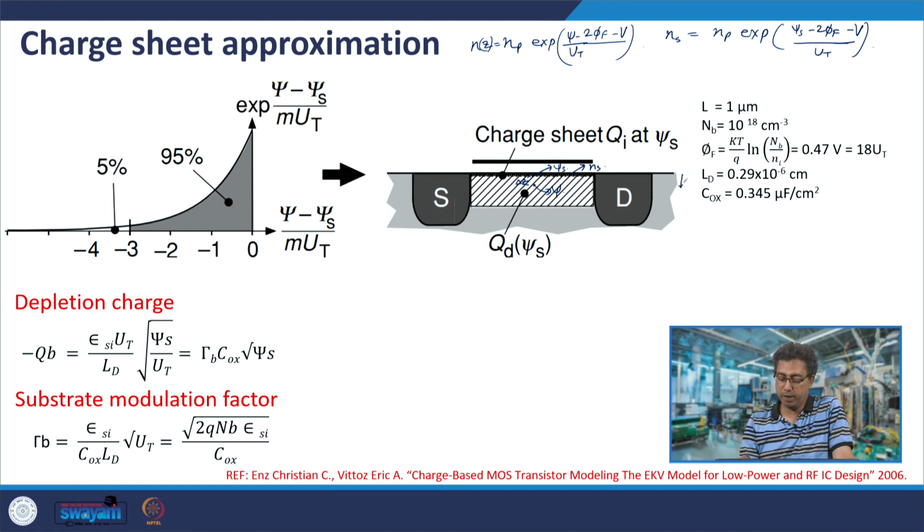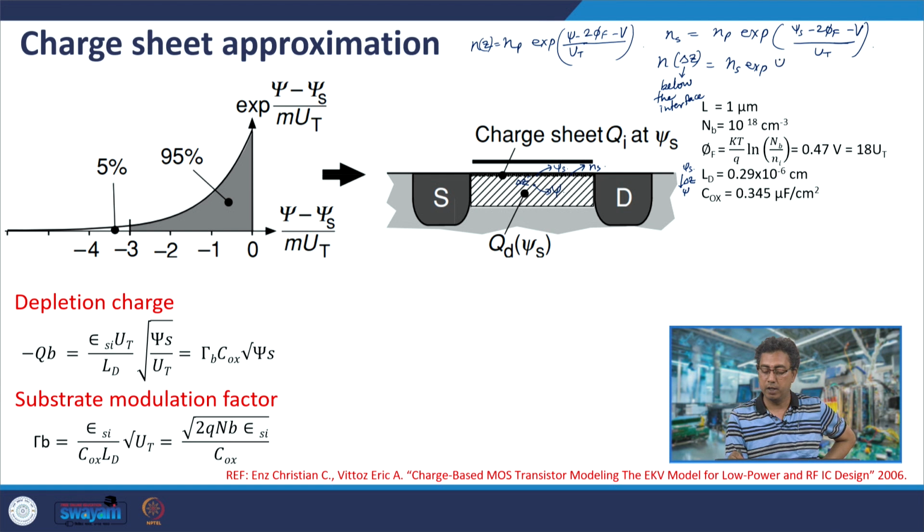You are going down by delta z, and that also reduces the potential from chi s to chi, suppose. So, what is the value of n when you go a distance delta z below the interface? That is Ns times exponential of chi minus chi s by ut.